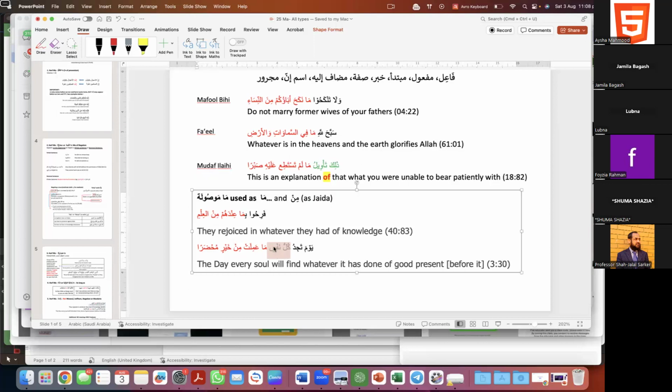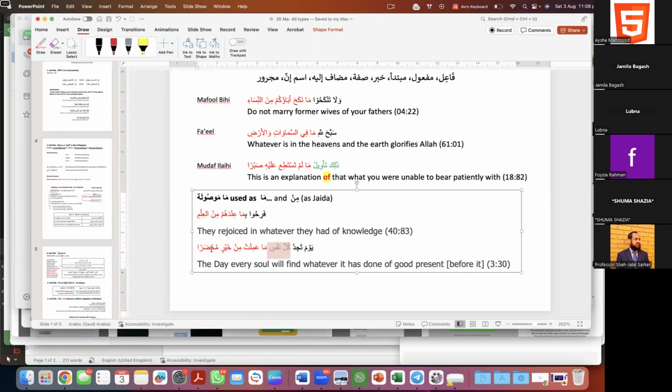What would they find? Ma amilat min khayri muhdara. Whatever good deed they did is present. They will find all the good deeds they did just waiting there in front of them.